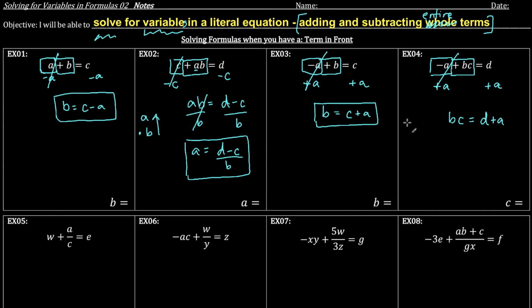I had c, and I multiplied it by b, and I got d plus a. So I'm going to work backwards, so divide by b. Remember, before you start doing this, you always want to figure out what you're finding. Here I'm looking for c, so I start with c times b, and I didn't look at it as b times c. Then divide both sides, so c equals d plus a, all over b.